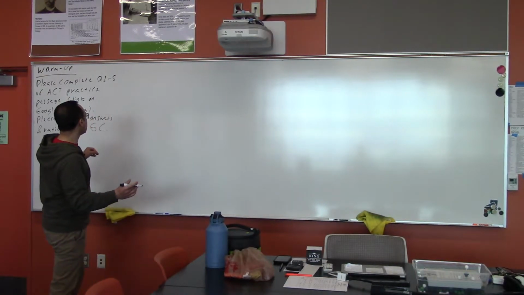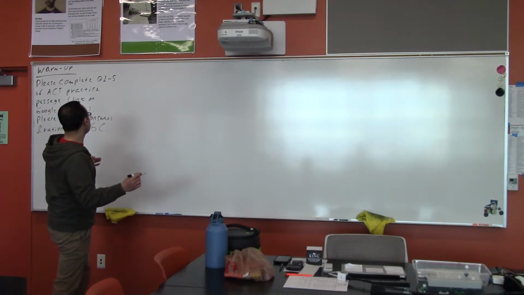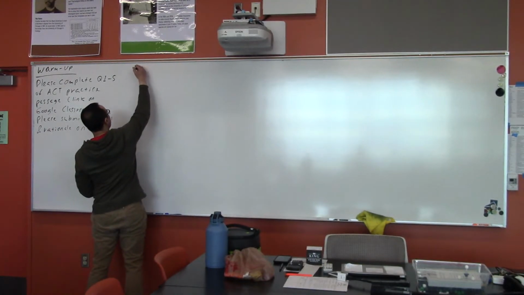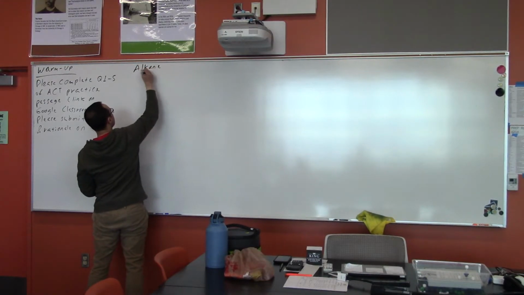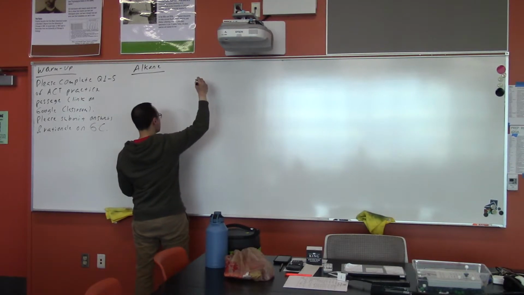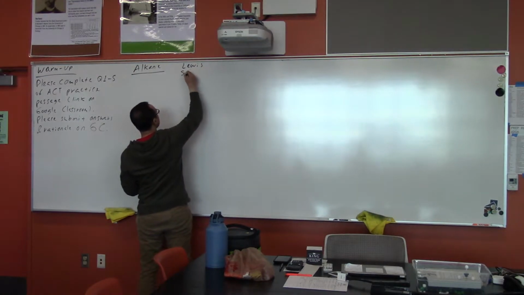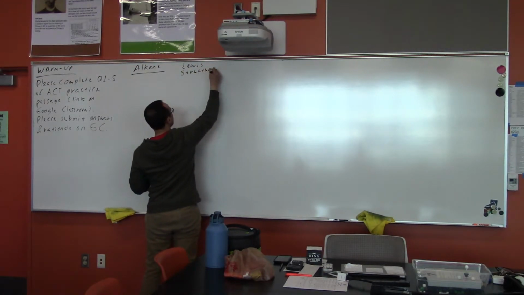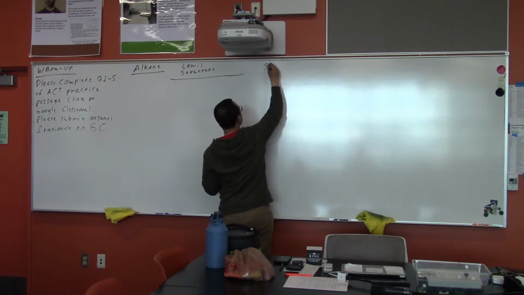So here's where we start. We're going to start with some alkanes. So here's an alkane. And then we've got Lewis structure. We're going to need a decent amount of space for that. And then we'll go skeletal structure.